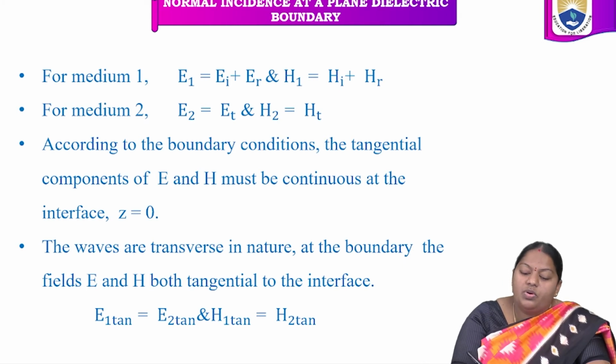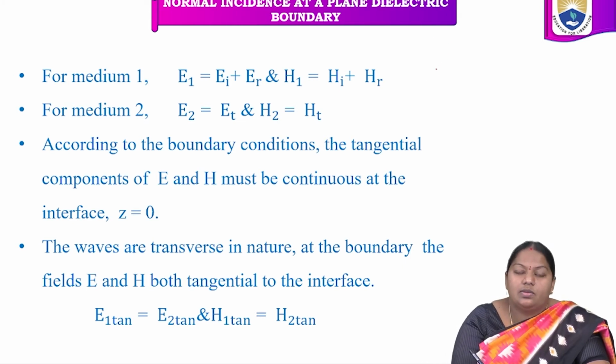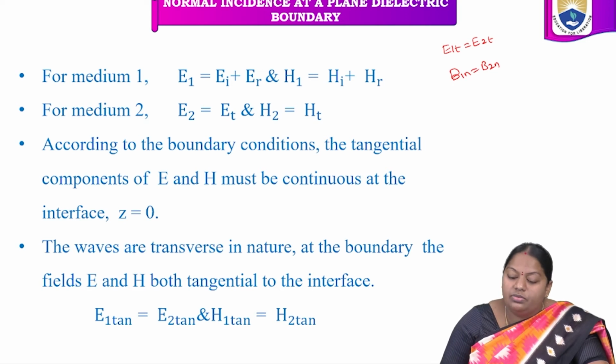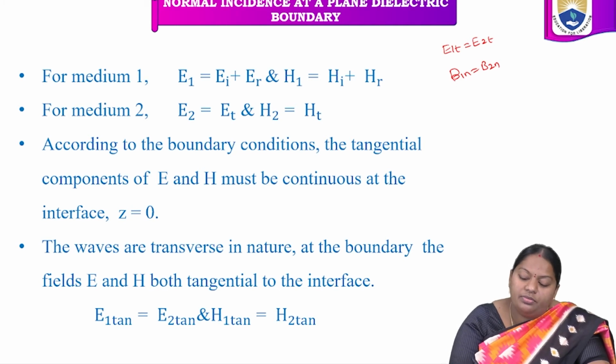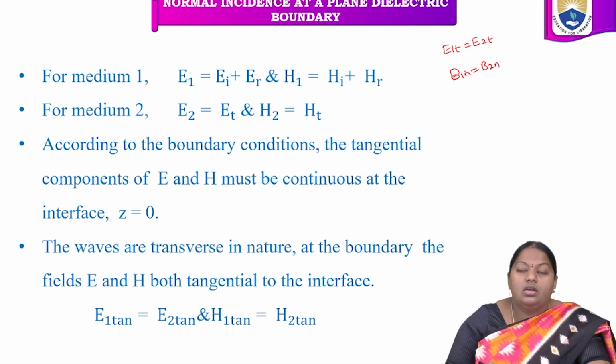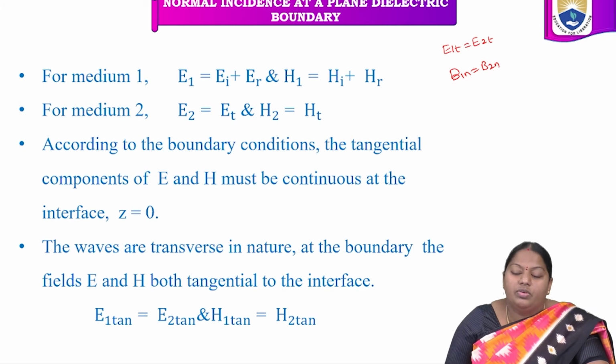There we have two boundary conditions: one is E1t equal to E2t, and another one is B1n equal to B2n. Tangential components of the electric field in media 1 and 2 are continuous across the boundary, and normal components of magnetic flux densities are continuous across the boundary.